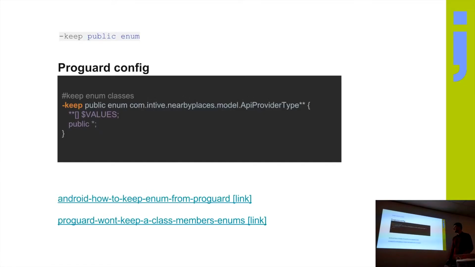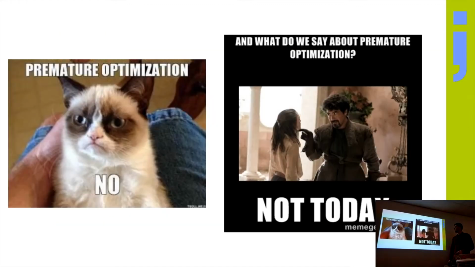If you want to keep some enums, because they are shortened to A, B, and C names, and you use the name of the enum somewhere in the code, you can actually prevent ProGuard from shortening it and changing it to integer values by this. And we actually use it in our project for a couple of enums. And there are also some Stack Overflow links where the guys talk about it.